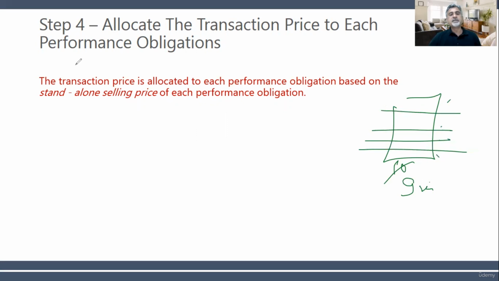The transaction price, which is 9 million, is allocated to each performance obligation based on the standalone selling price of each performance obligation. So before we had 2 million, 2 million, 2 million. If it had been 10, I would give it 2. Because I gave a discount, now I will subtract the discount and make it 1.8. So this is what it means.